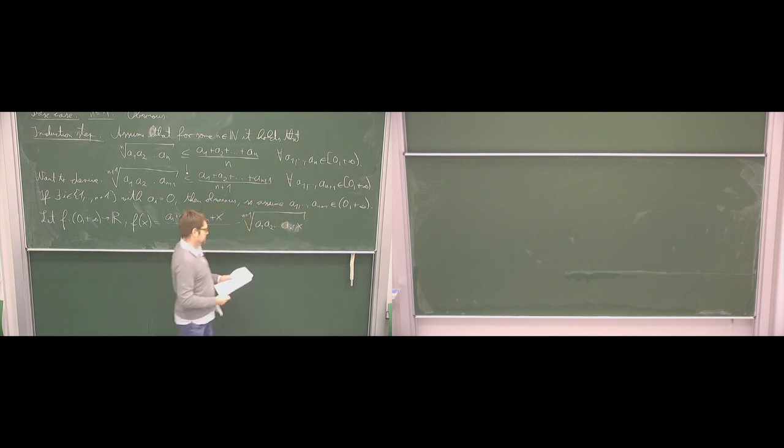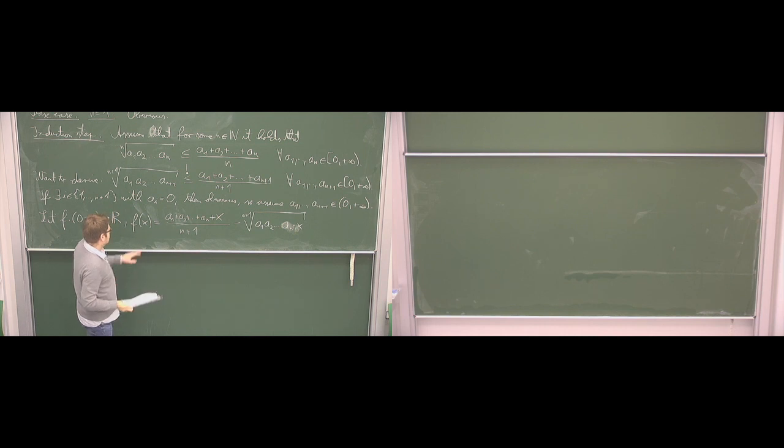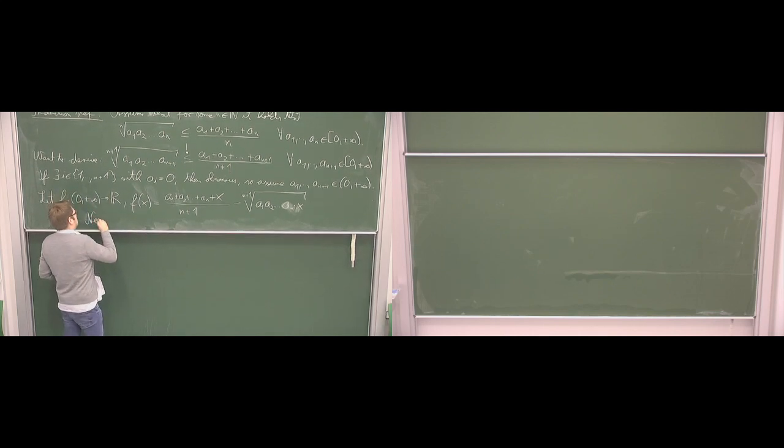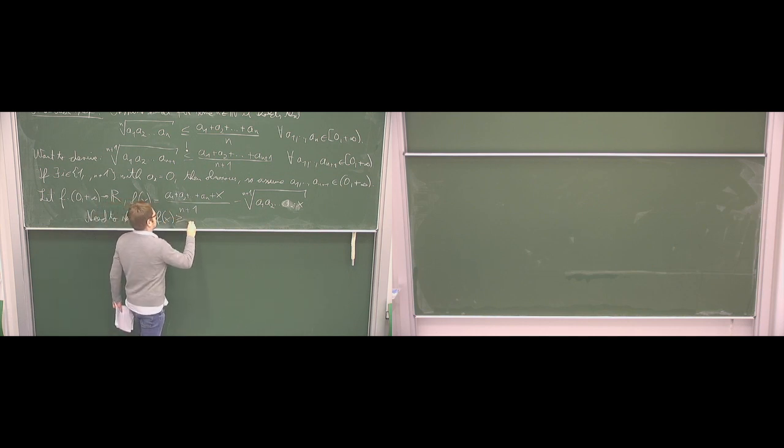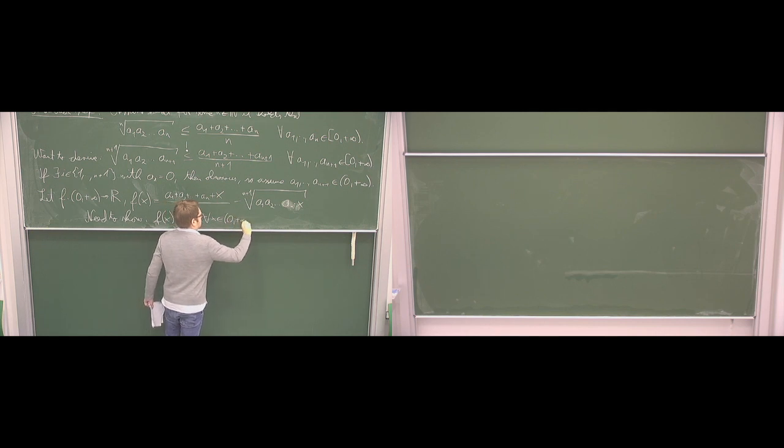So here the x is appearing. What we need to show is that this function is always non-negative. This is equivalent, of course, to the inequality. So we need to show f of x is bigger than or equal to 0 for all x in 0 to plus infinity.